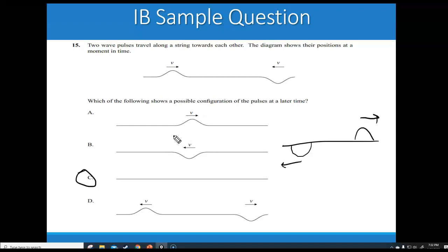And none of the other answer choices show that. D basically has the opposite of that. And the issue with A and B is that A and B would only be possible if one of these had a bigger amplitude than the other. As it is, you can tell just visually that they basically have the same amplitude, because one is not necessarily bigger in size than the other. So the answer there is C.